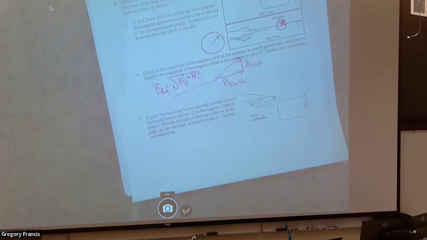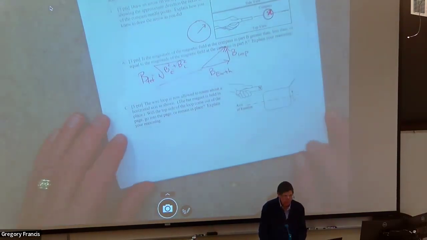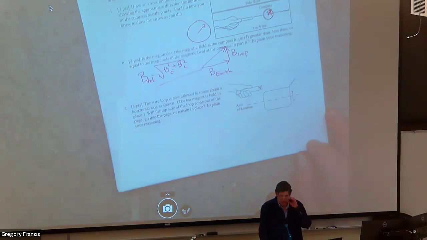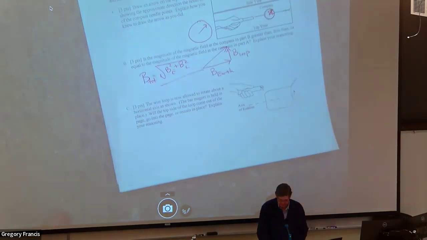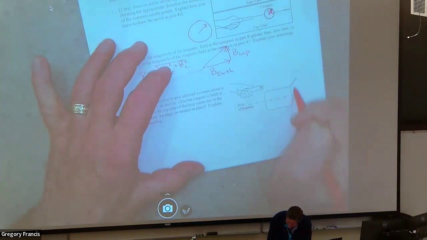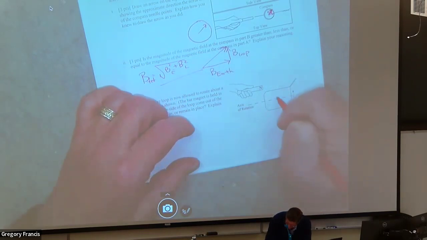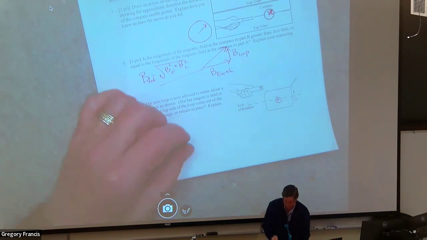Now let's finish this. When this was given as an exam, this last part was a part that really caused people grief. And again, it's because of the three-dimensional nature of it. We said that with this current going around this way, that the North Pole would be out.